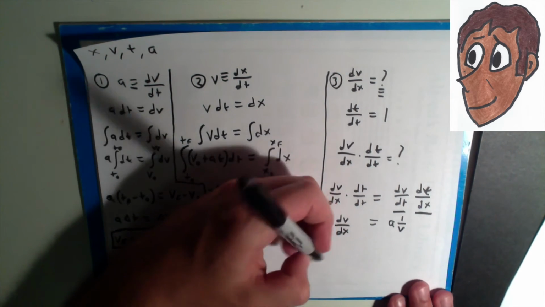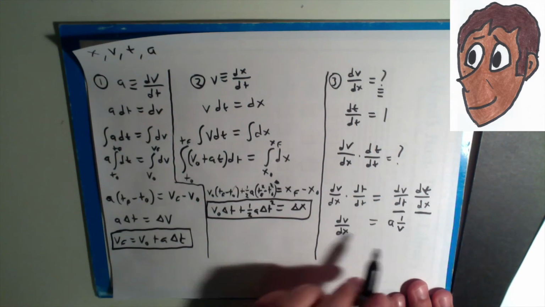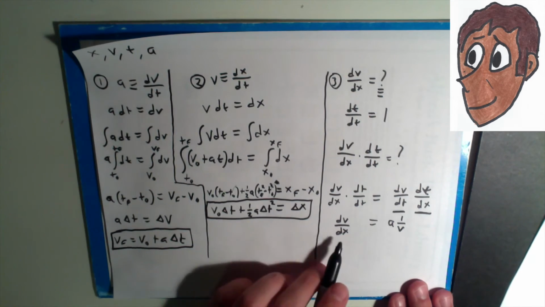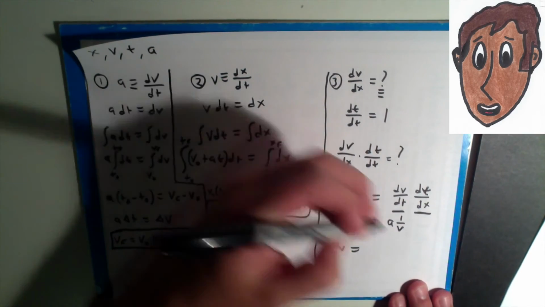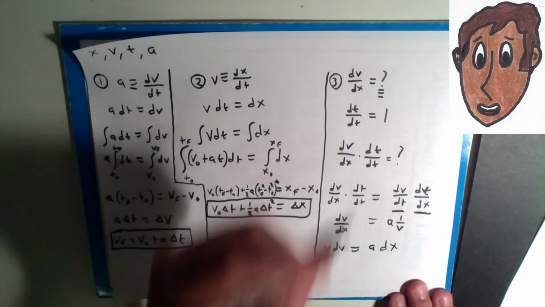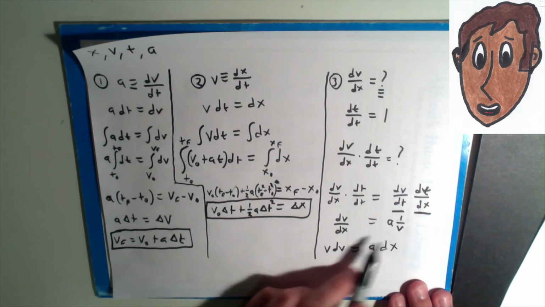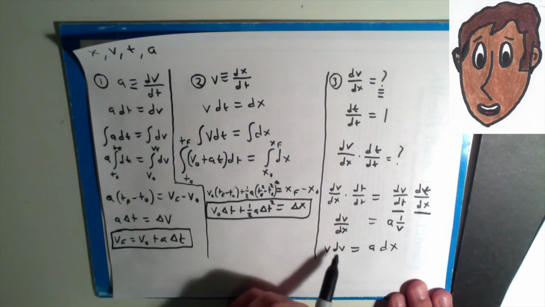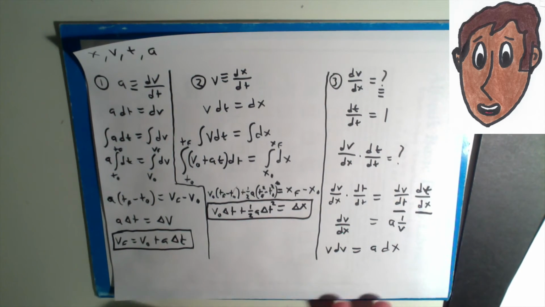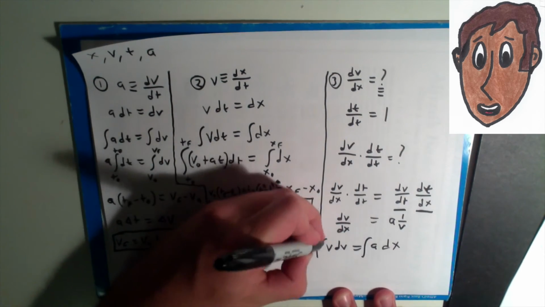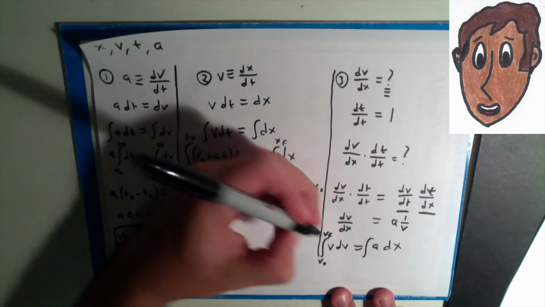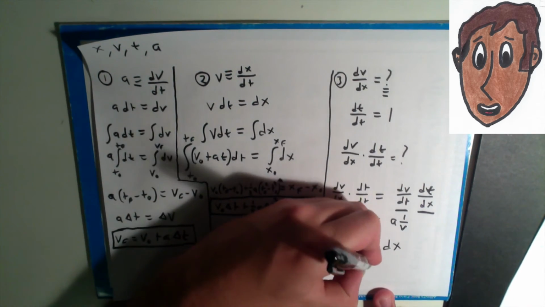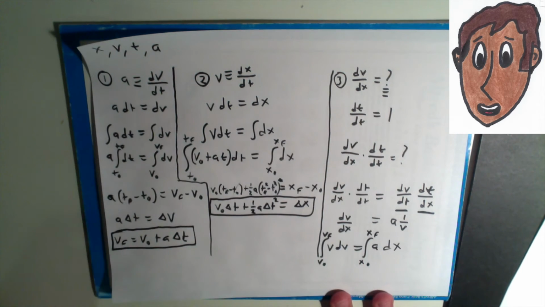So I can separate variables, put the v's on one side, put the x's on the other side, so I have v times dv equals a dx. So multiplying both sides by v and both sides by dx. So now I integrate as before. We'll say from v naught to v final and from x naught to x final.